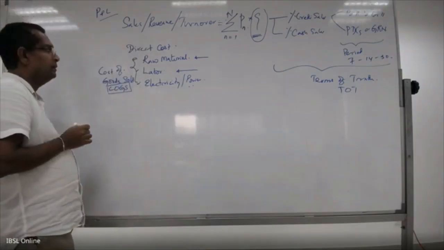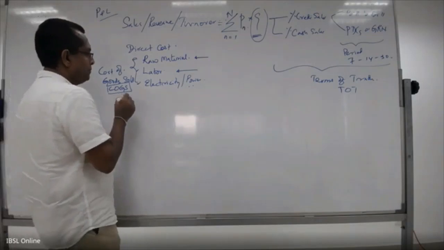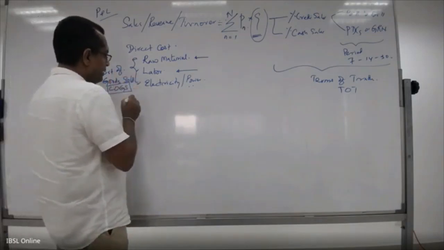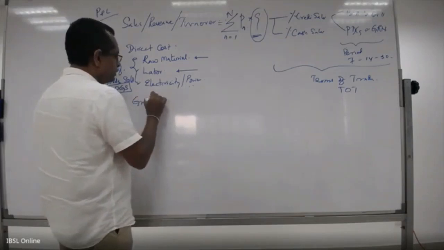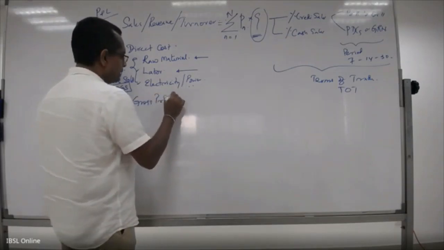Right? So then we come into first profit level which is called gross profit.